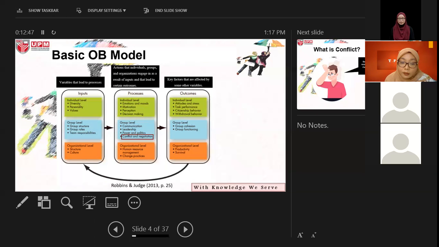Okay, then team responsibilities, and lastly, it will capture the organizational structure and the overall culture of the organization. Sebenarnya macam mana kita nak tengok the organizational culture ni, it depends on the individual unit. Individual unit ni yang paling penting sebenarnya, because it will shape the overall organizational culture.